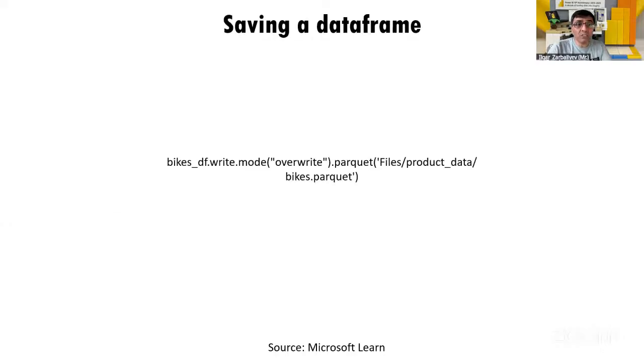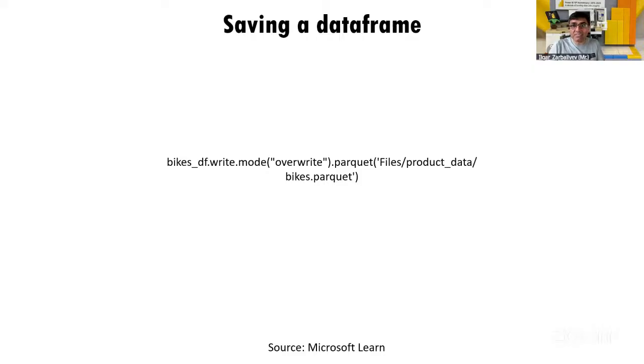You often want to use Spark to transform raw data and save the results for further analysis or downstream processing. This code saves the data frame into a Parquet file in the data lake, replacing any existing file of the same name.